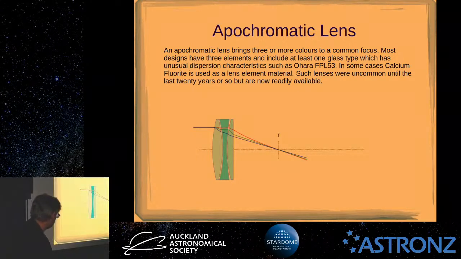And some manufacturers use calcium fluoride, which also has suitable characteristics for making APO lenses, but the problem is it's a very soft material, so you'd never use it as the front element in the lens. You would normally have it behind the front element, which would be a more robust type of glass.